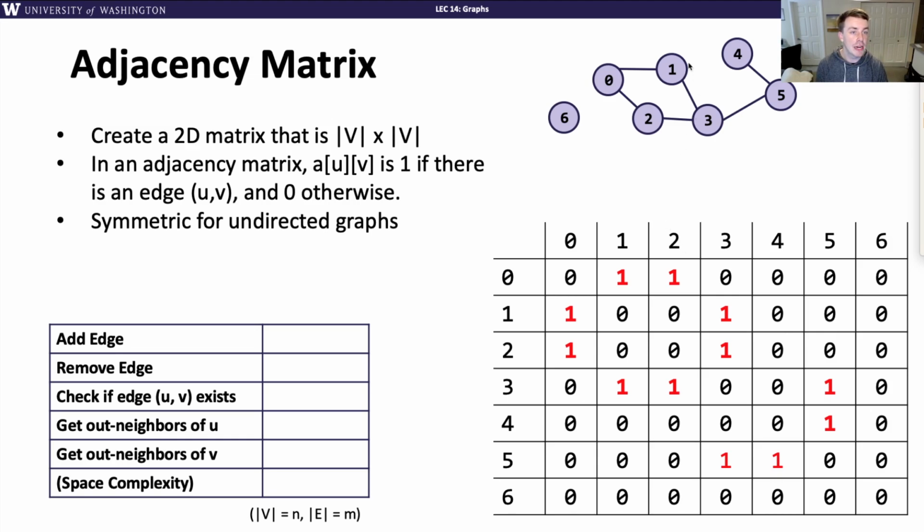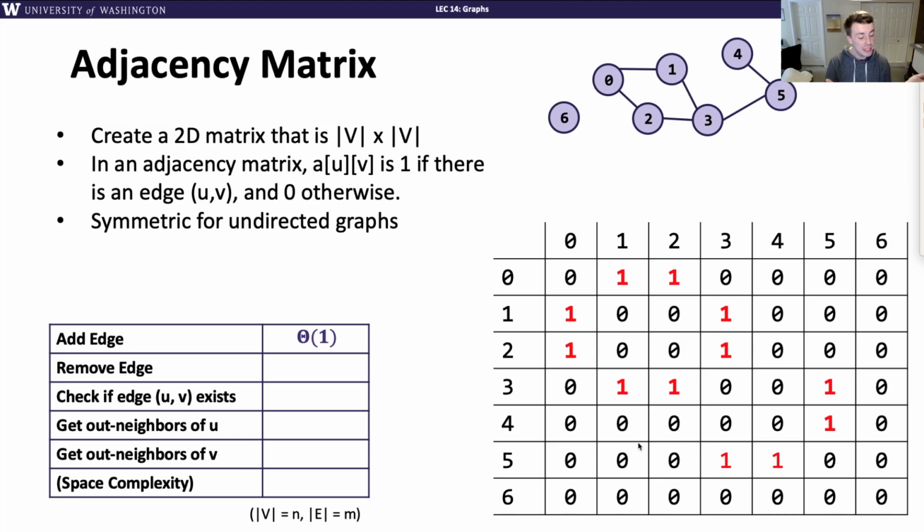So for example, we're going to have an edge from 1 to 4. Well, that's really just going to change index 1, 4 from a 0 to a 1. Similarly, because it's an undirected graph in my context, I should also change 4, 1 to be a 1 as well. Okay. So adding an edge will just be constant time.